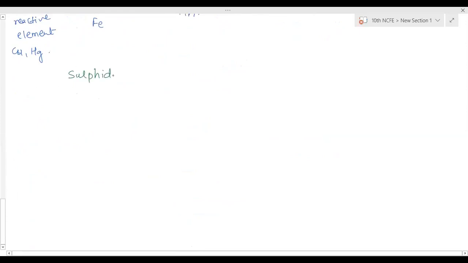Sulfides or carbonates are first converted into oxides. And these oxides are further reduced by all the processes I just mentioned. All those methods are used after getting the oxides.